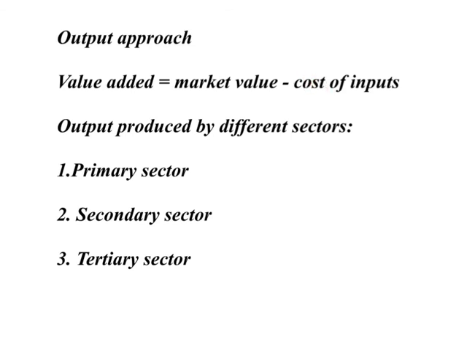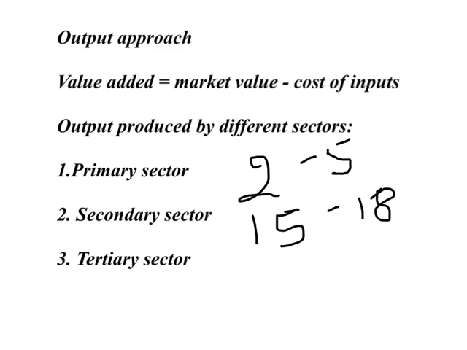An economy typically is divided into three sectors: primary, which is made up of agriculture, mining, quarrying, fisheries, and so on. And for a country like the US, this contributes about 2 to 5% to GDP. The second sector is secondary sector, which essentially refers to manufacturing, and this contributes about 15 to 18% of GDP.